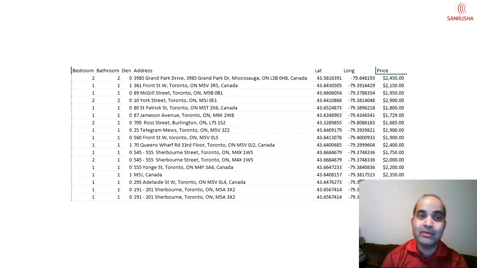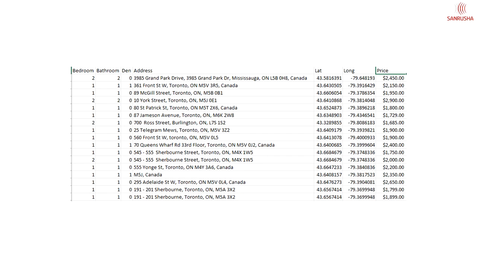So let's begin. What you see here is data. It's in tabular format. You must be very familiar with this kind of data because this is just data in Excel, right? This is the data of different apartments with bedrooms, bathrooms, den, address, latitude, longitude, and the price.